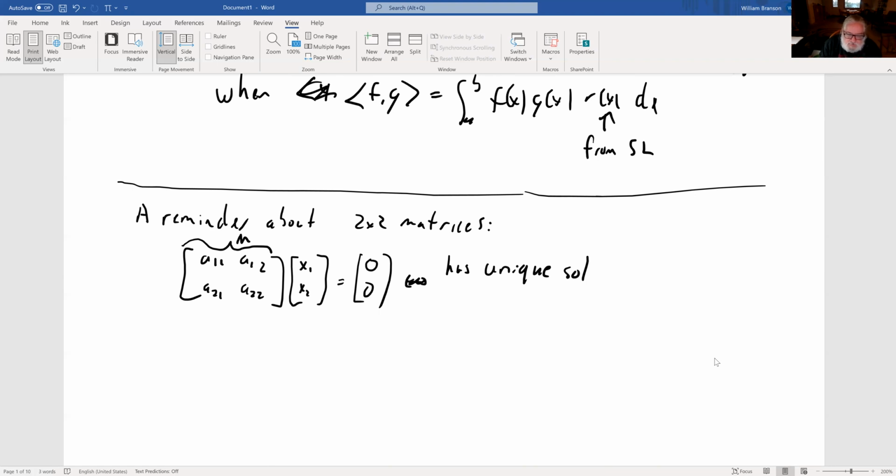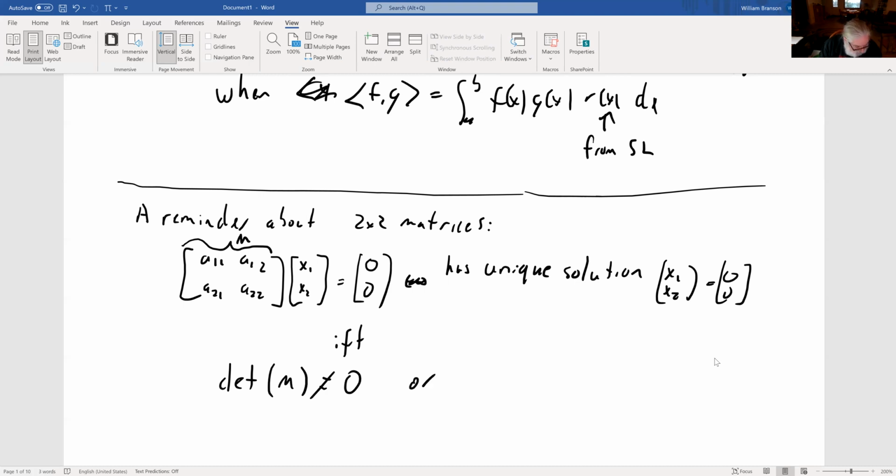This equation has a unique solution x1, x2 equals 0, 0, if and only if the determinant of M is not equal to 0, or A11 A22 minus A12 A21 does not equal 0. Okay, so kind of an important thing there.